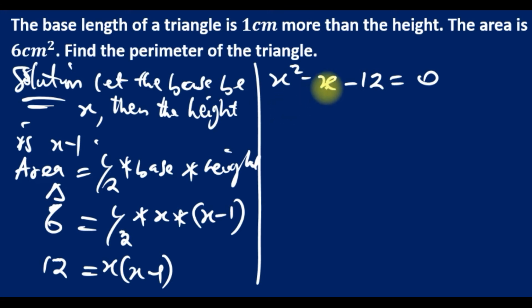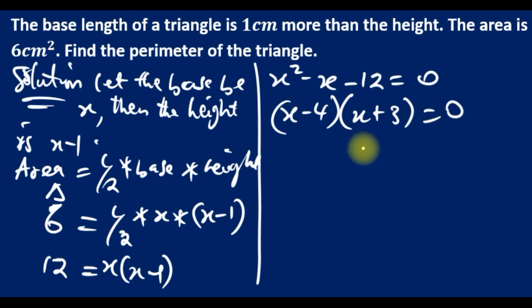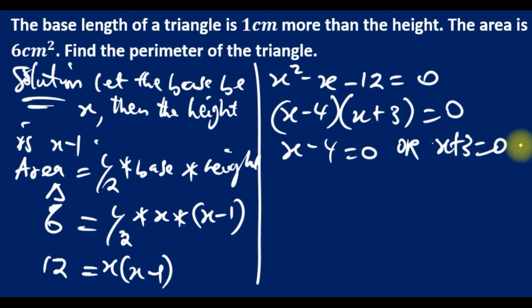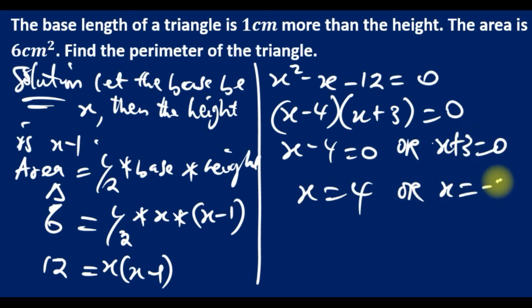So we'll factor: (x minus 4)(x plus 3). If you open this up, we'll get this. Therefore, the product of two numbers being 0 means that one of them must be 0. So x is 4 or x is minus 3.